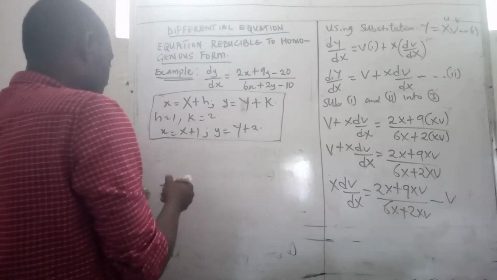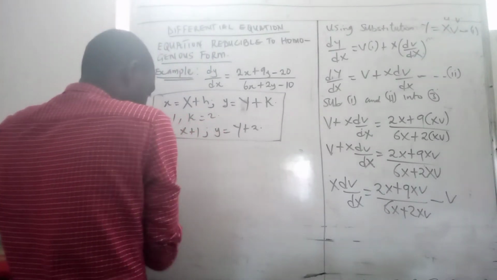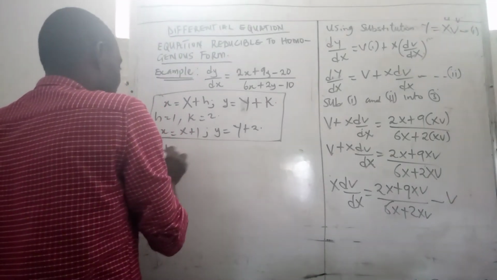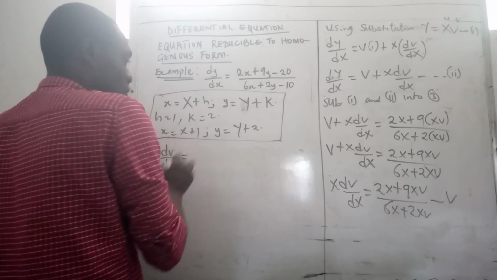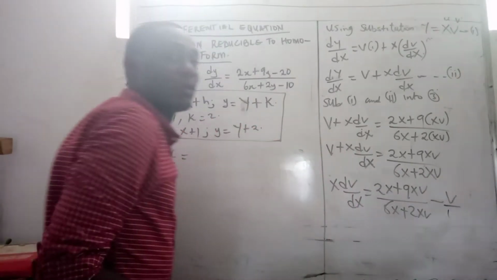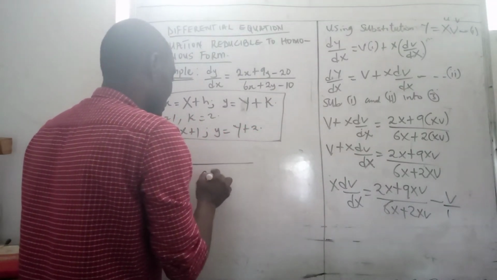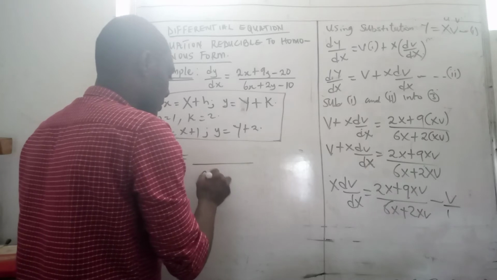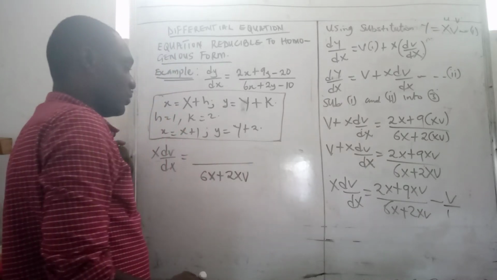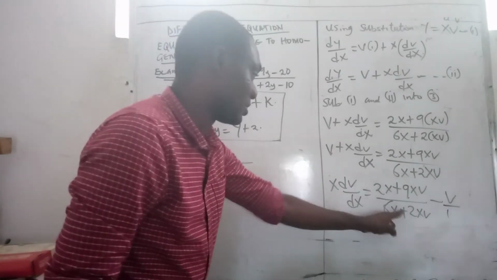Now, I'm going to have x dv/dx equals, so the LCM of this and this is just like over 1. The LCM of this and this is 6x plus 2xv.